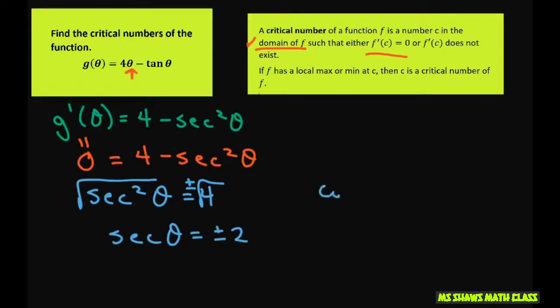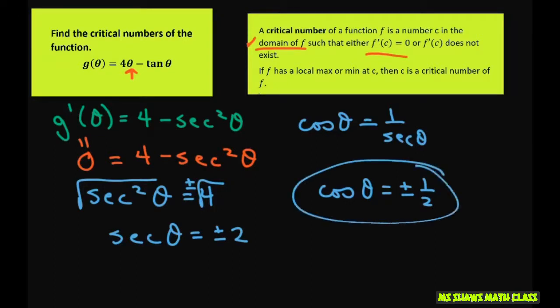That means cosine of theta equals plus or minus 1/2. You just flip it. Remember, cosine of theta equals 1 over secant theta. So you can just flip it. This is easier to work with.